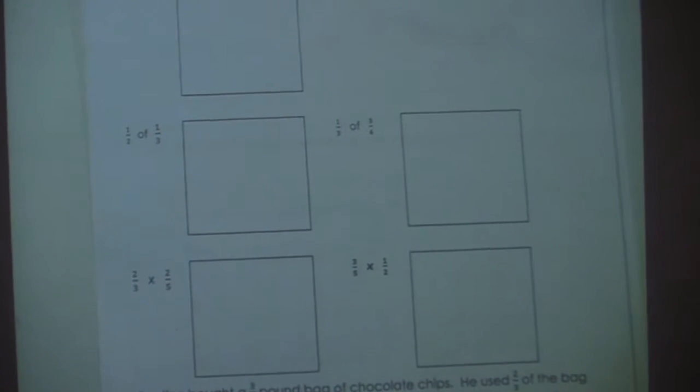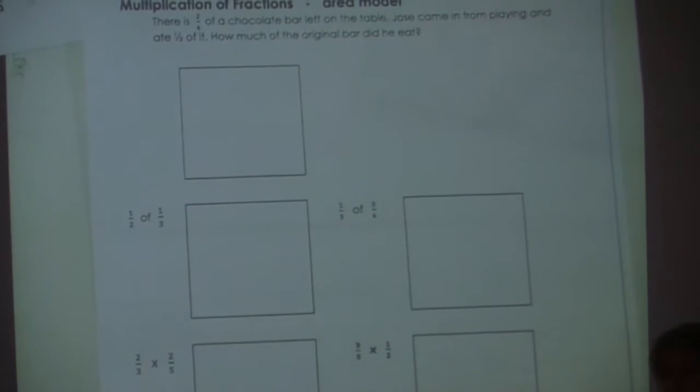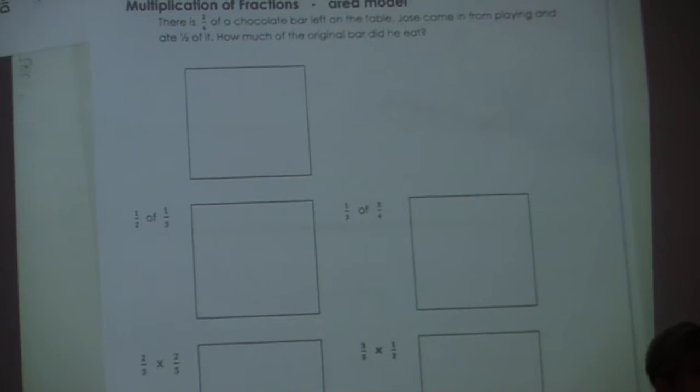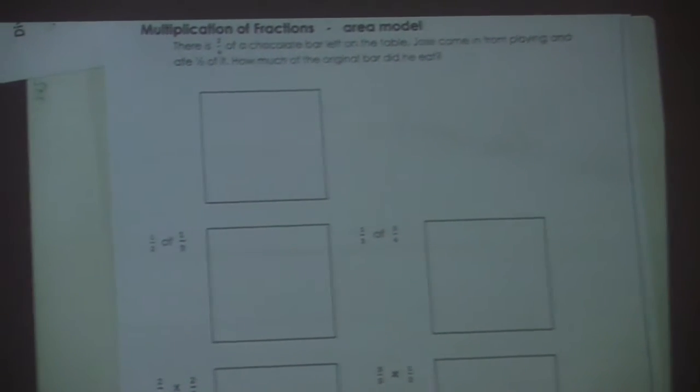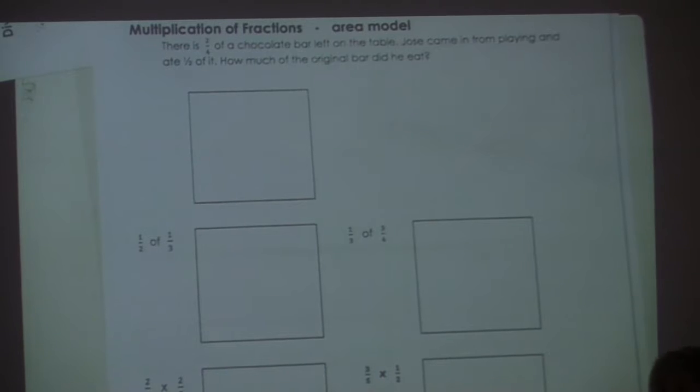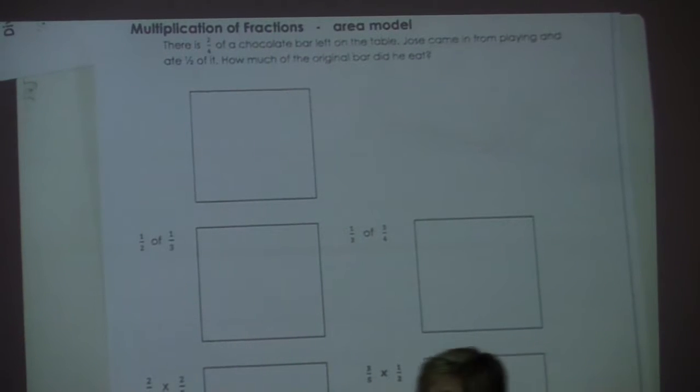Okay, so that's fractions of whole numbers. Now we're going to go to multiplication of fractions. And I mentioned at the beginning, this is a 5th grade standard. You're going to see, we do have them draw a lot of pictures to prove it. This is a time where we hope that kids are reasoning. They really think that multiplication means getting something bigger.